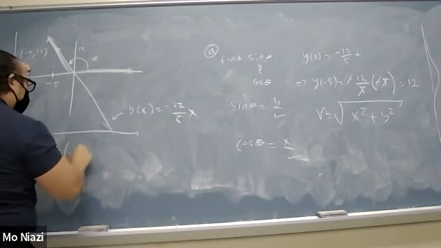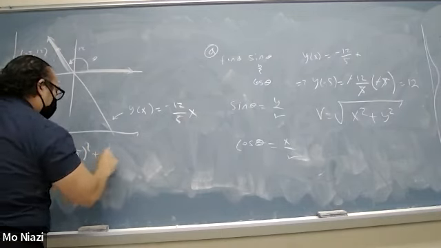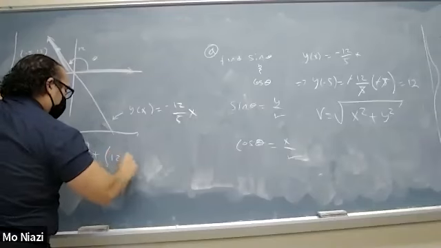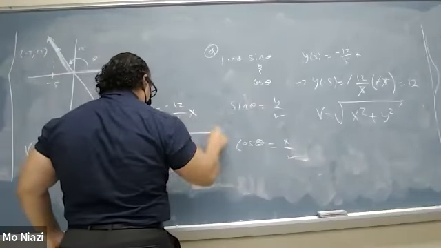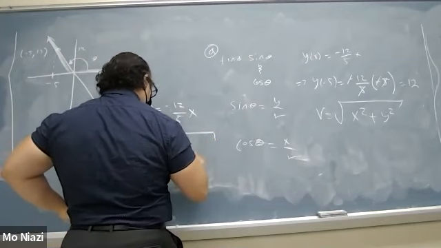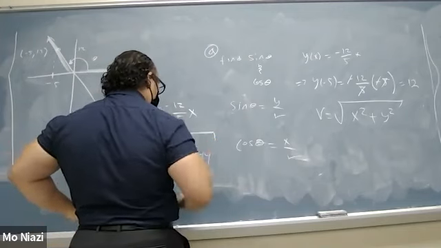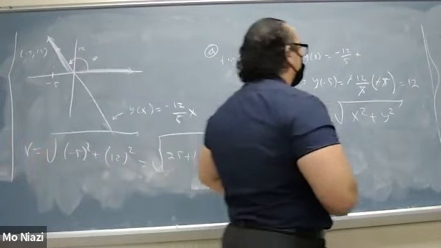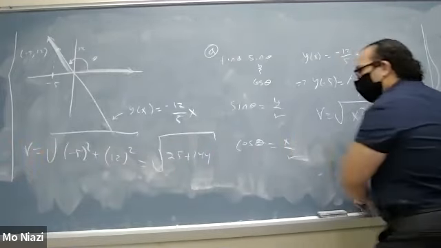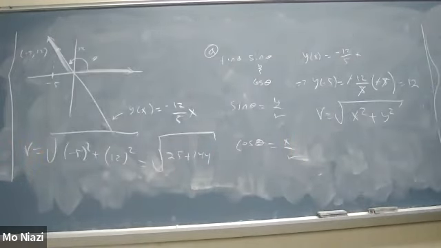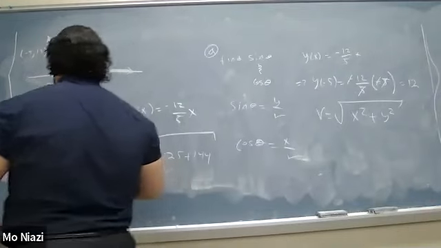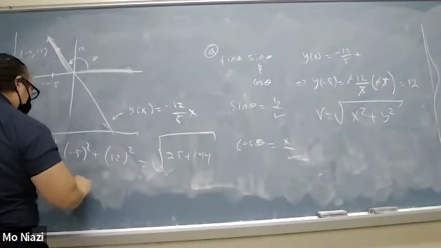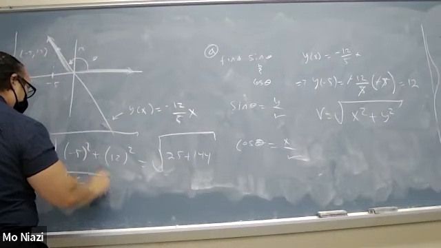There we go. Square root of -5 squared plus 12 squared. This is equal to the square root of 25 plus 144. Yes, it becomes 169, and the square root of 169 is 13. So this implies r is equal to 13.